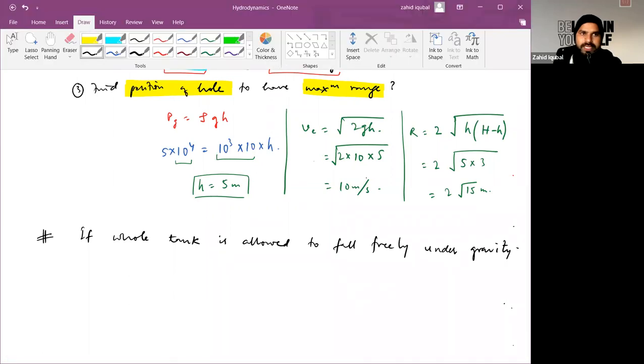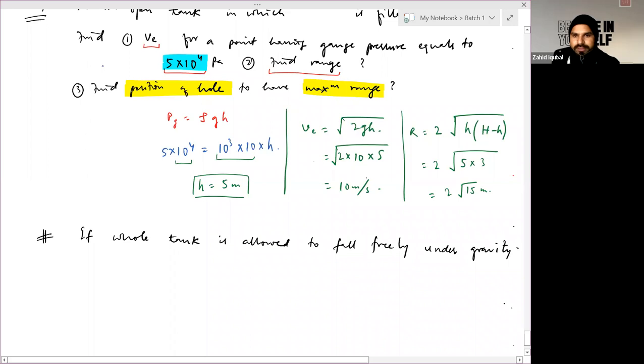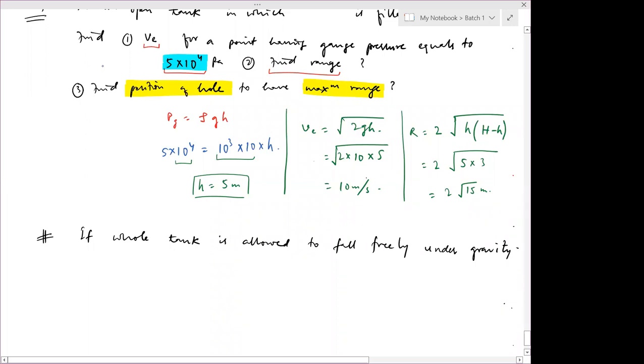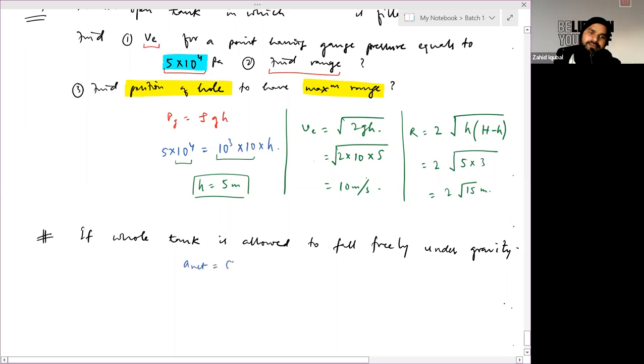Khalid, just tell me what would be the acceleration or net acceleration under free fall? 0. Good. So in this condition, net acceleration will be 0. So velocity of efflux is equal to root under 2gh. Here g is nothing but net acceleration.